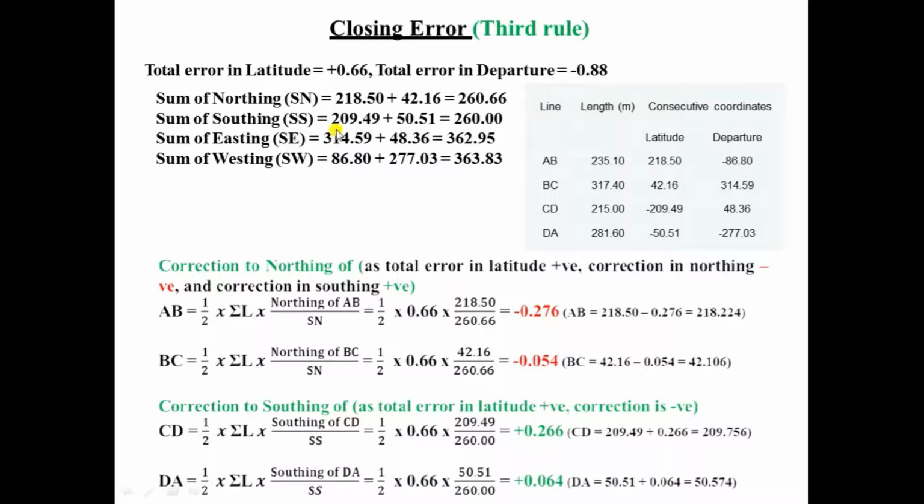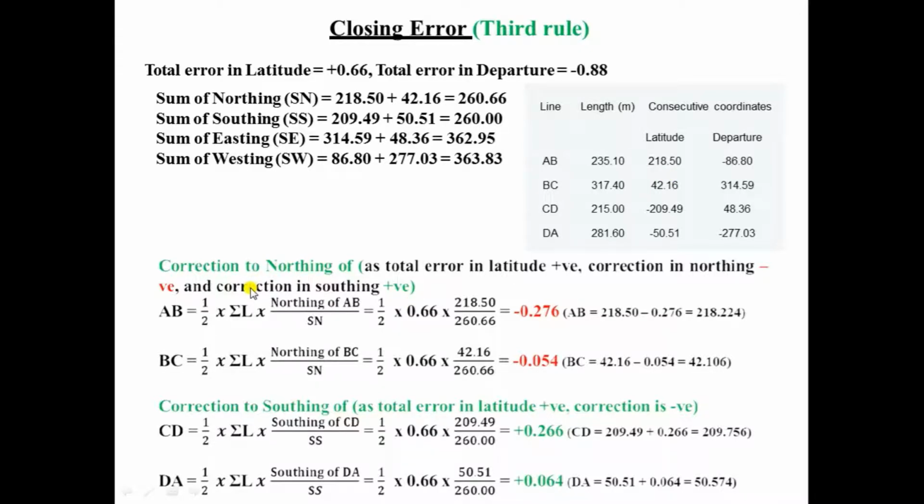Same procedure for departure: if the reading of departure is positive, we call it easting, and if it is negative, it is westing. Right? Those readings, negative 86.80 and 277.03, are westing. That is the simple process for finding whether a reading is southing, easting, westing or northing.